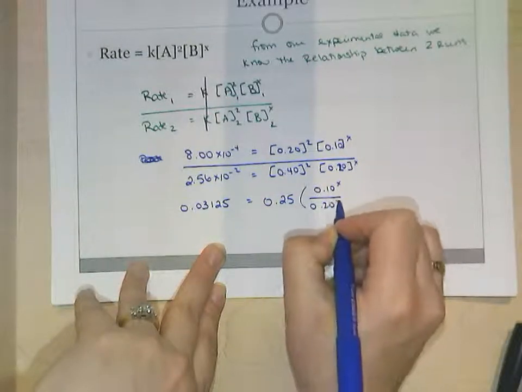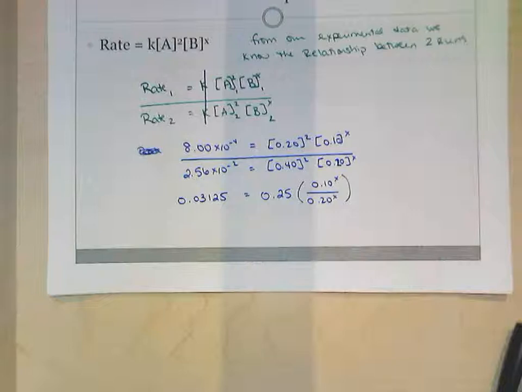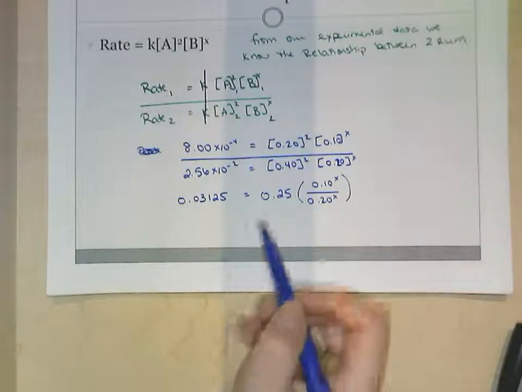All right, so now I've gotten all the numbers mostly sorted out. I'm going to do one more simplification step. I'm going to get all my numbers on the left and leave all the things with the x on the right.